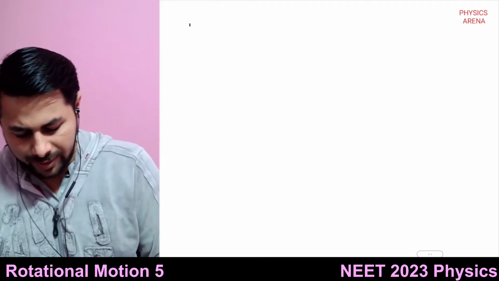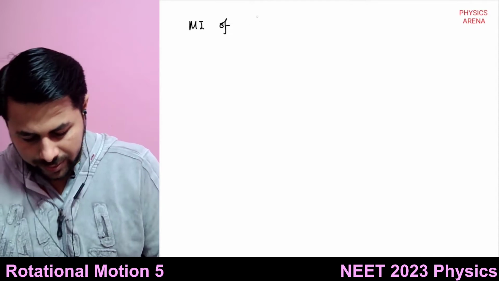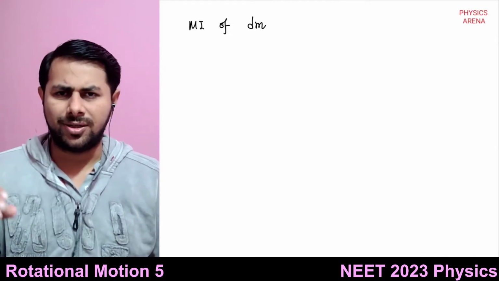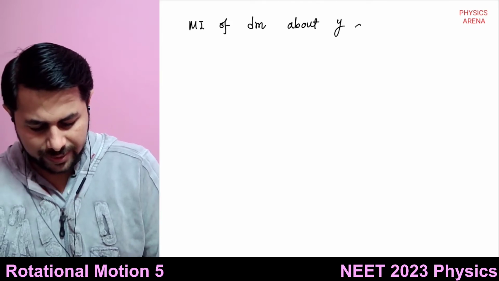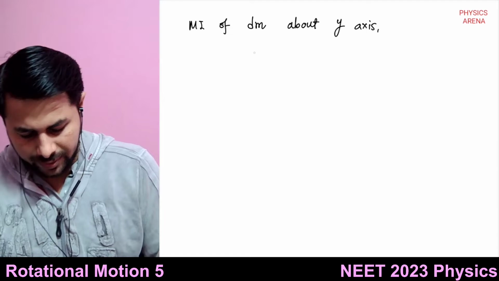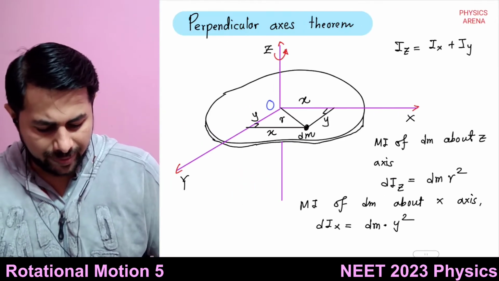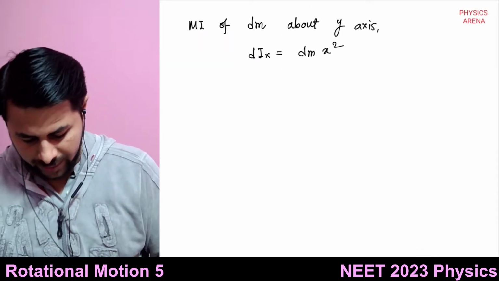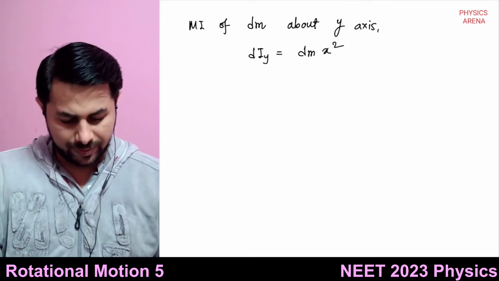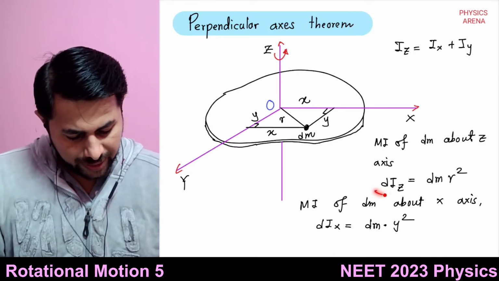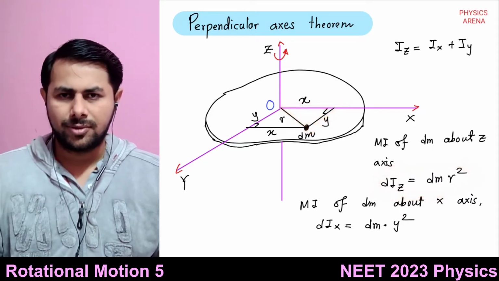Similarly, the moment of inertia of the mass dm about the y axis, dIy, is equal to dm multiplied by x square. And then here you can say r square is equal to x square plus y square, right?